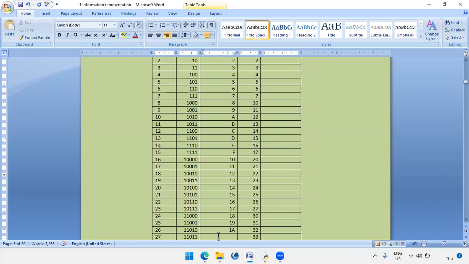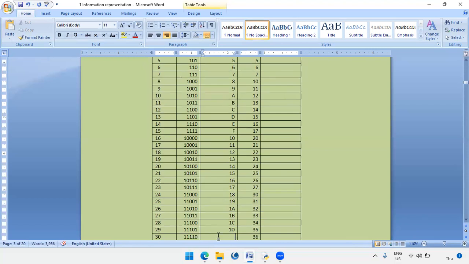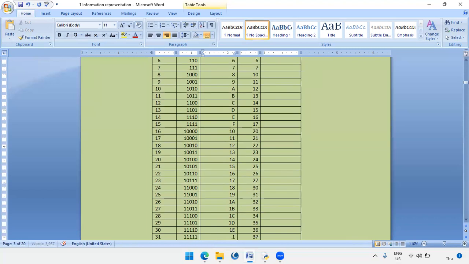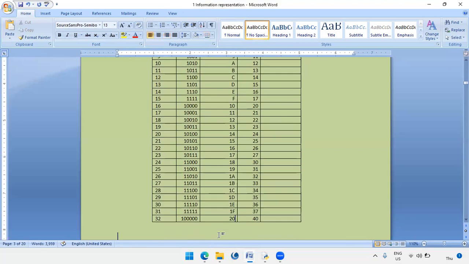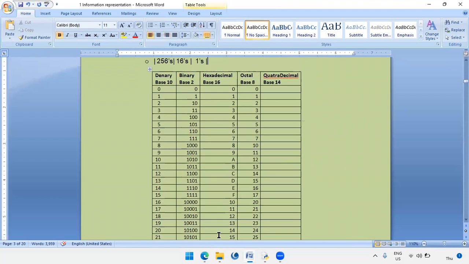Very good. 1A, 1B, 1C, 1D, 1E, 1F. Now what? Second time also we have reached the highest. Then you add 1, put another stick, that means 2, 0. Not 20, 2, 0. Right?